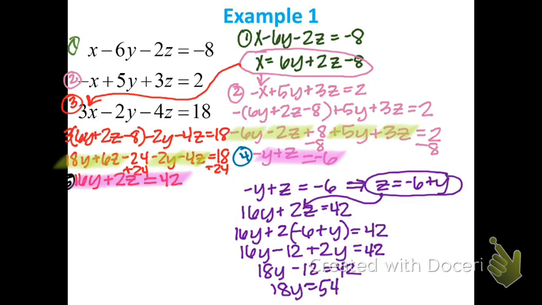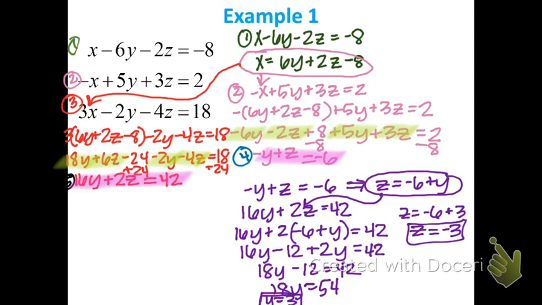So what does y equal? y equals 3. Staying within your 2x2 system, z equals negative 6 plus 3. So what does z equal? Negative 3. Now we have y and we have z.